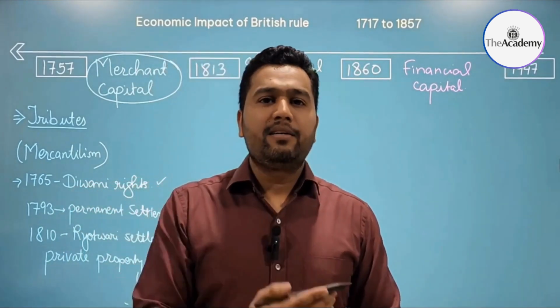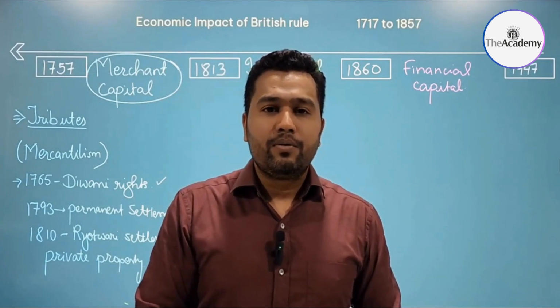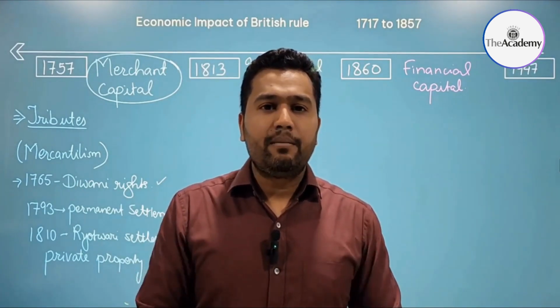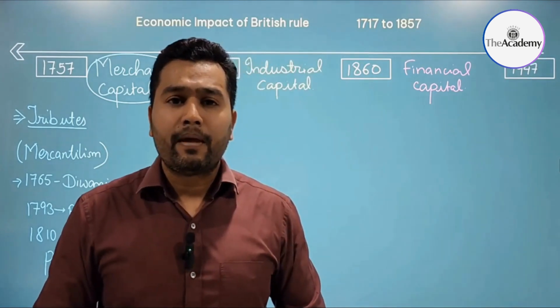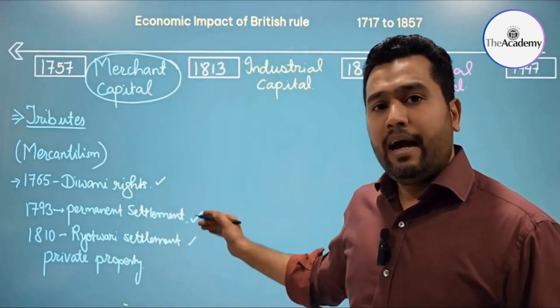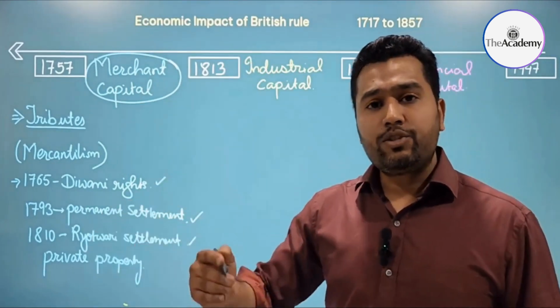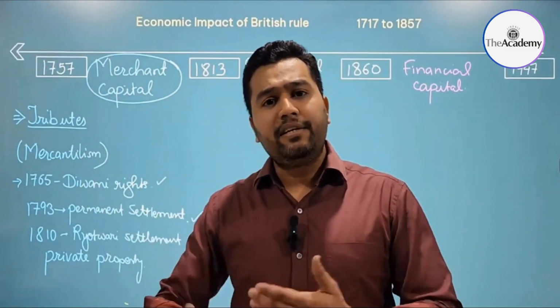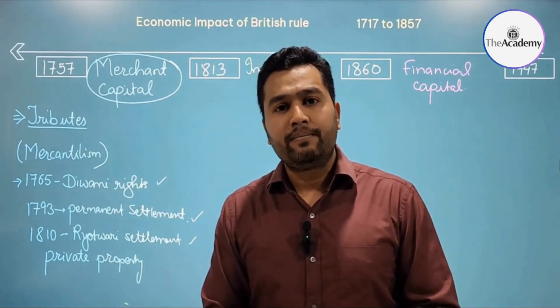There were money lenders also, which appropriated some land, but generally, even this settlement failed to protect the interests of the peasantry, and the peasantry continued to be oppressed and exploited.